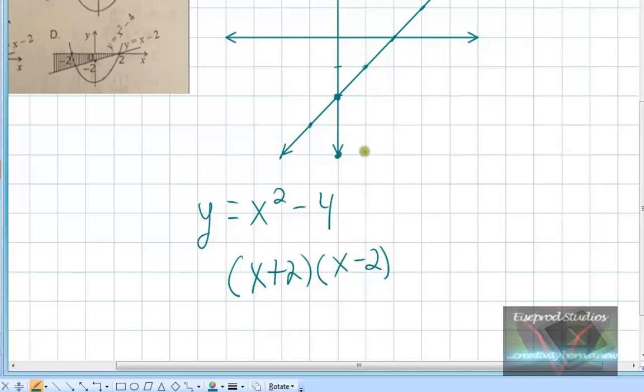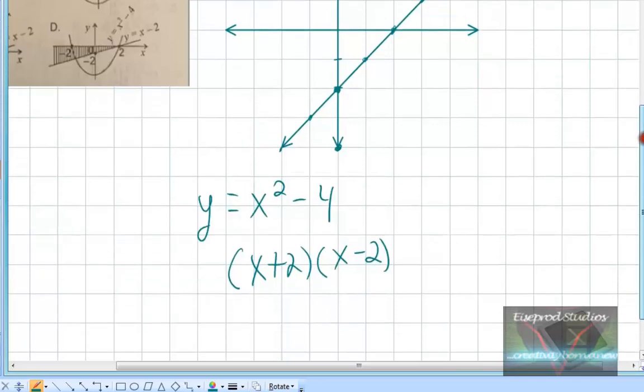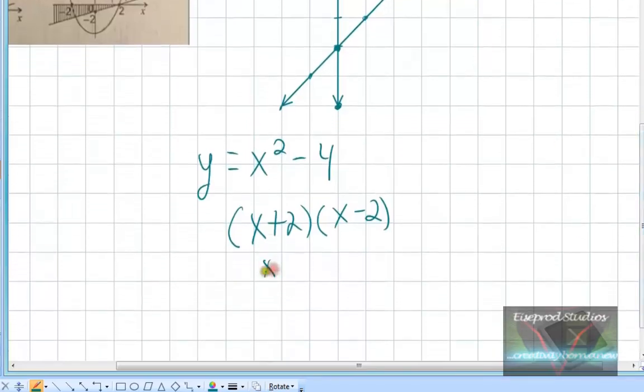But now we have this issue of zeros. It was easy to find the last zero just by going up 1 over 1, up 1 over 1. And we saw that it hit right here at the point 2, 0. Over here, our zeros are going to be when x is equal to -2 and when x is equal to +2.